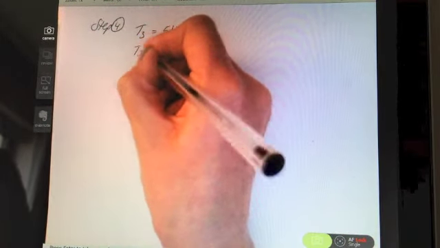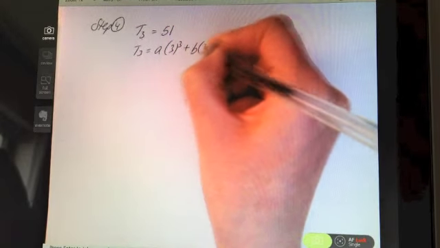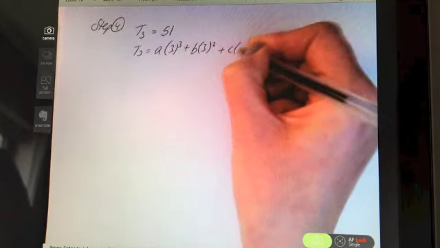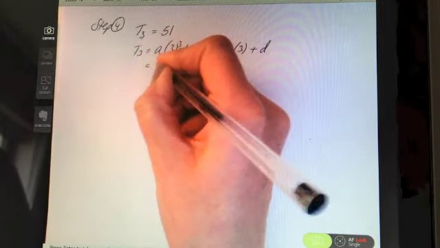So, subbing in 3 for n, I end up with a times 3 cubed plus b times 3 squared plus c times 3 plus d. And of course I know what my a is, it's 2.